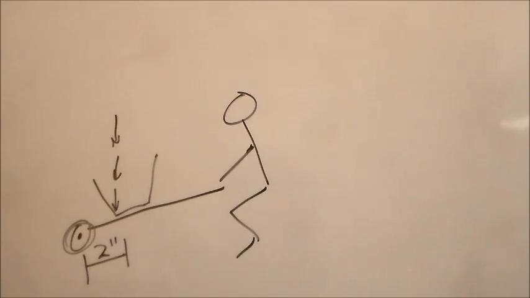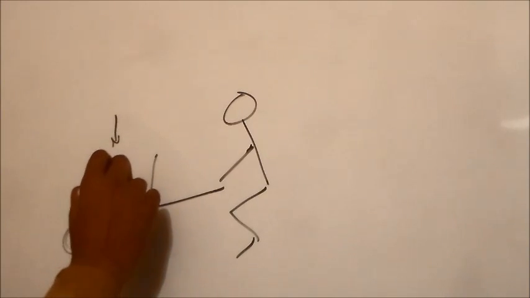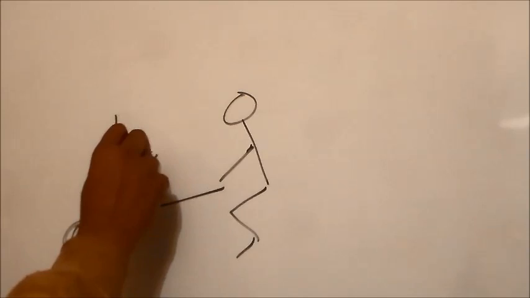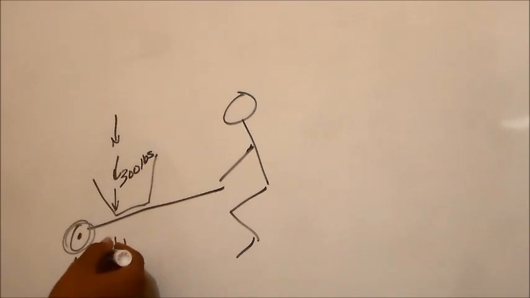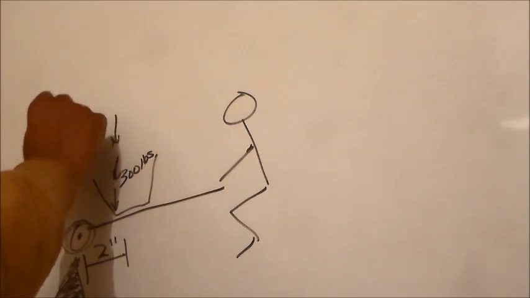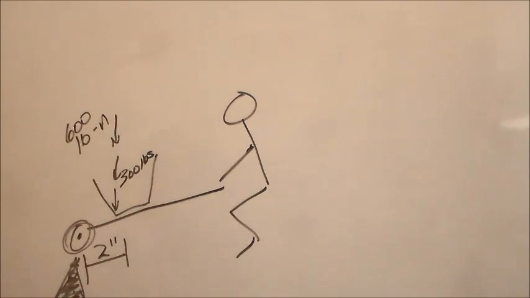Let's say the load is 300 pounds. Remember, this is the fulcrum, the reference point. So everything's being measured 2 and 3, so we will be exerting 600 pound inches.